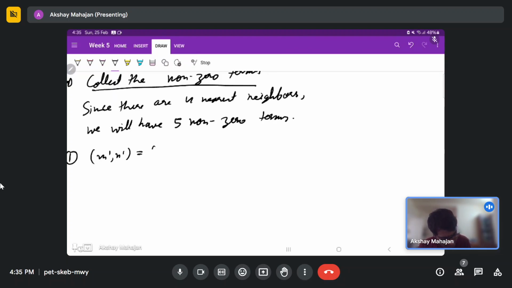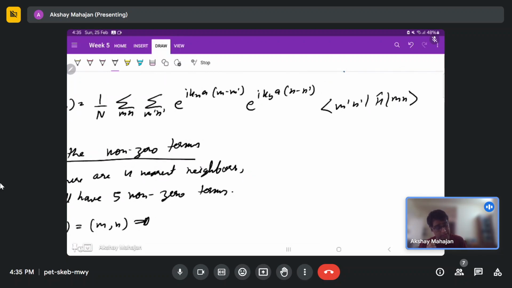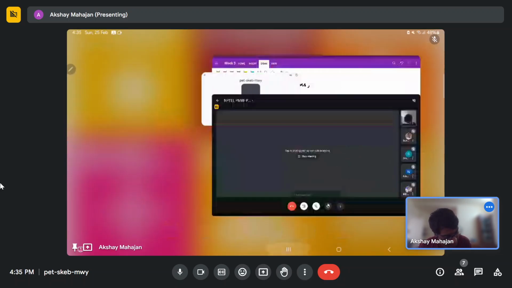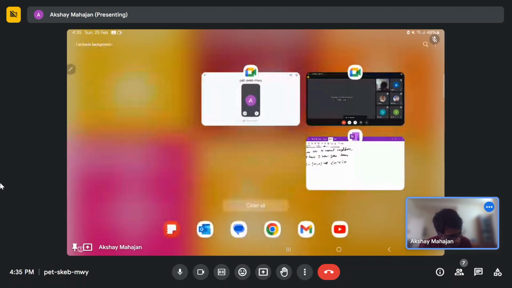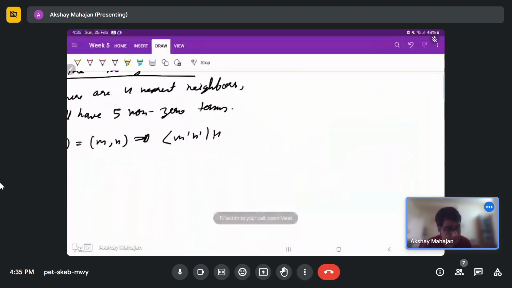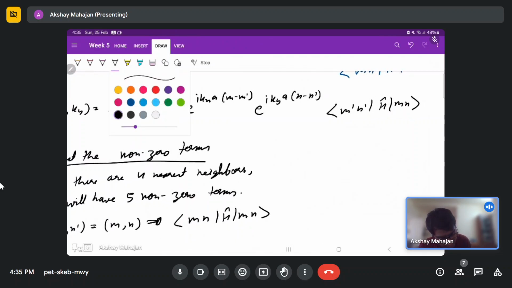When m' n' is equal to m n, all these e to the power iota terms will be 1. So we will have <m n| H cap |m n>.